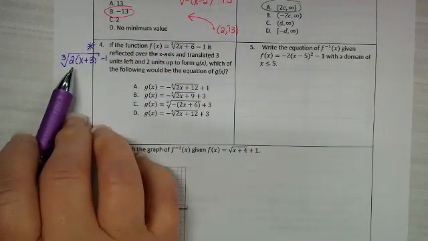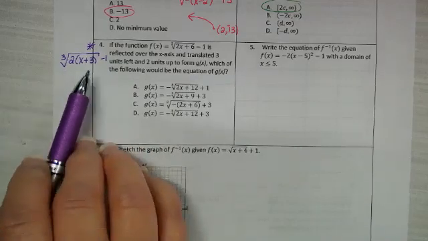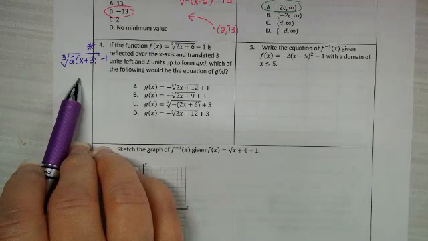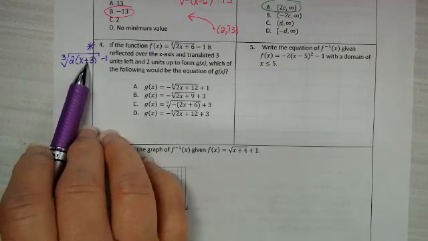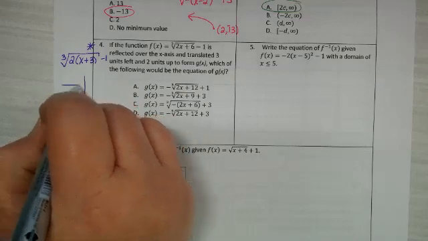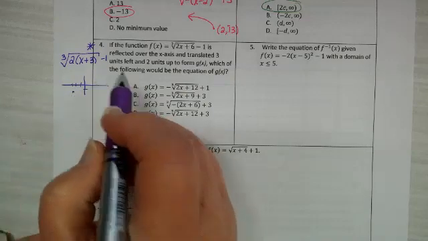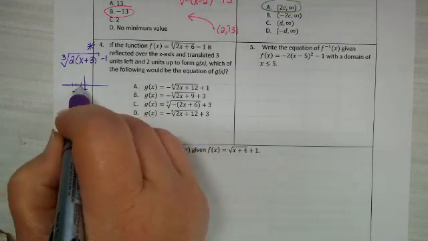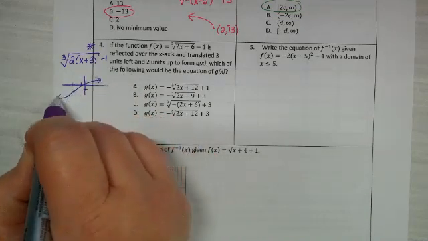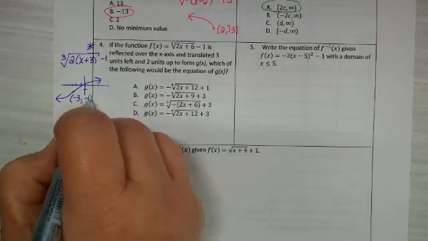So this is a cube root function, and the key point where it's kind of in the middle is left 3, down 1. So it's at negative 3, negative 1. And it does the cube root thing that it does.